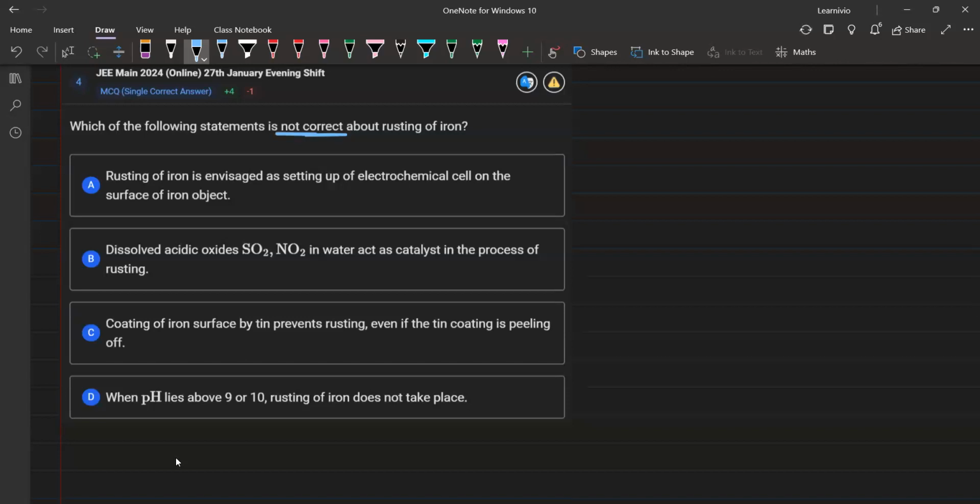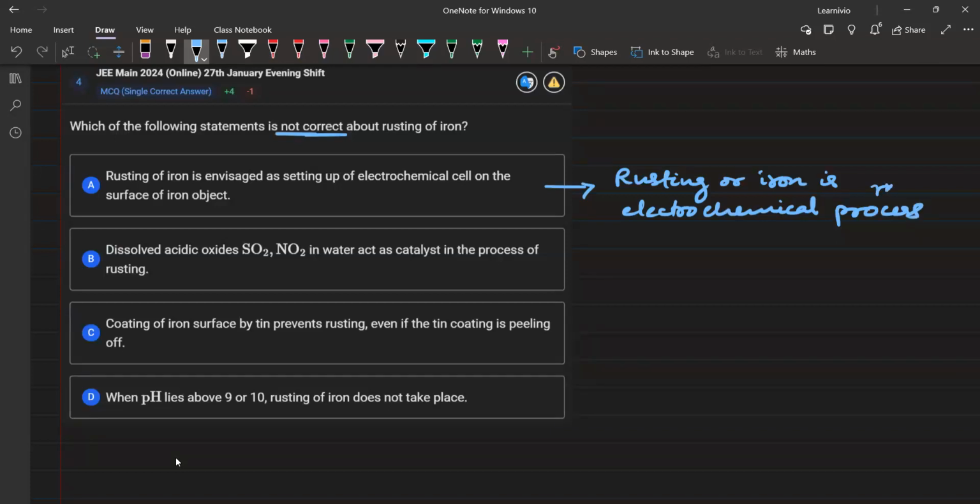So instead of envisaged, you can write imagined. The rusting of iron is like setting up an electrochemical cell on the surface of the iron object. So basically, this statement is saying that rusting of iron is an electrochemical process and an electrochemical reaction.